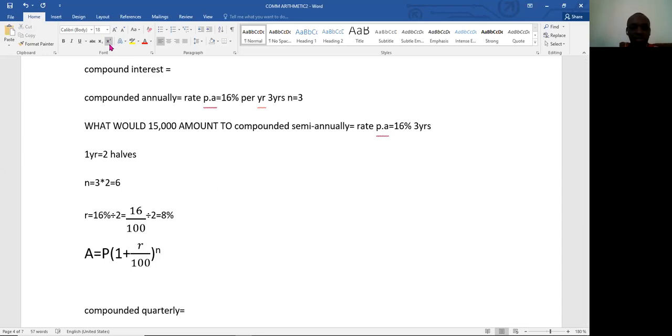So the amount is what you are calculating. The principal is 15,000. So you come here and put 15,000, and you just input them in your calculator. Actually, you do it together. So this is 1, then here you see plus R, the rate, which has now changed. So it is 8%. You just put this one here.